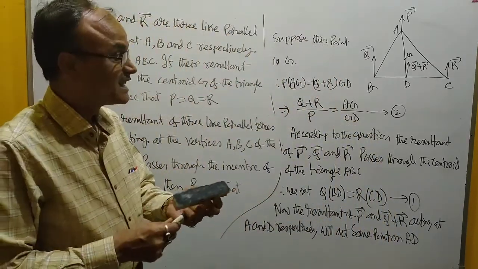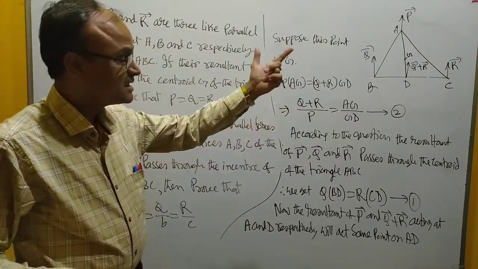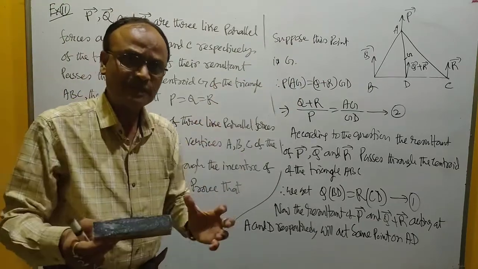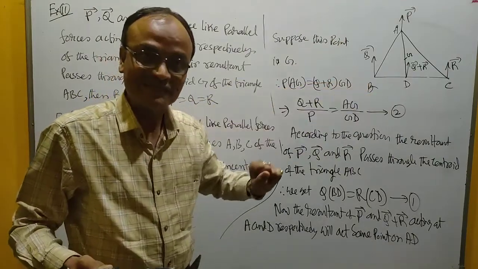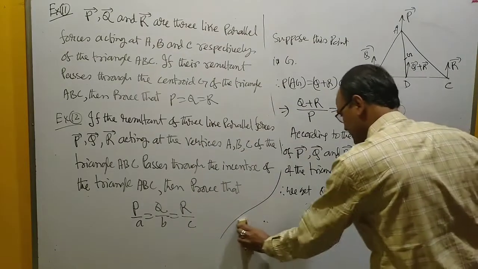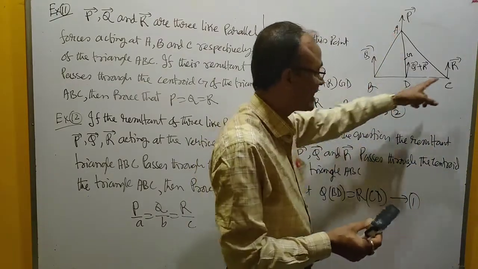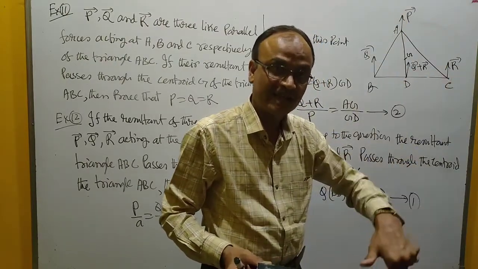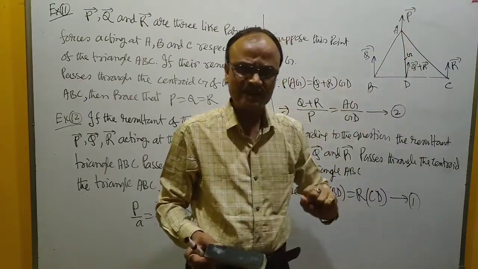But the resultant of P, Q, and R acting at A, B, C respectively is the same as the resultant of P and Q plus R acting at A and D.